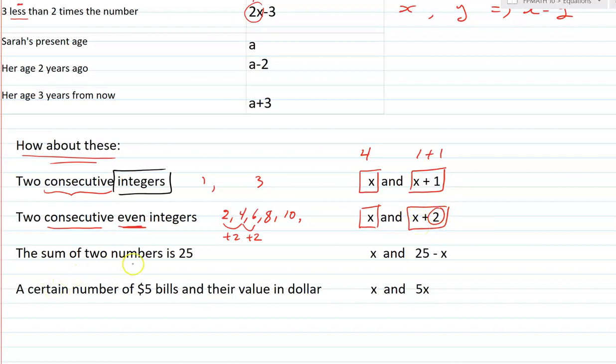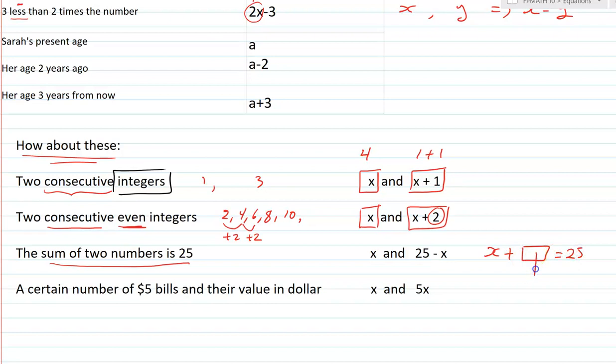The sum of two numbers is 25. So now it is general. The sum of two numbers, 25. Well, if the first one is x, and the next one, now you have to think about that. When you add the two numbers, x plus another number will give you 25.